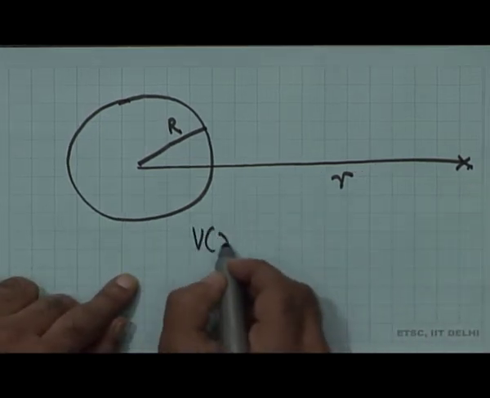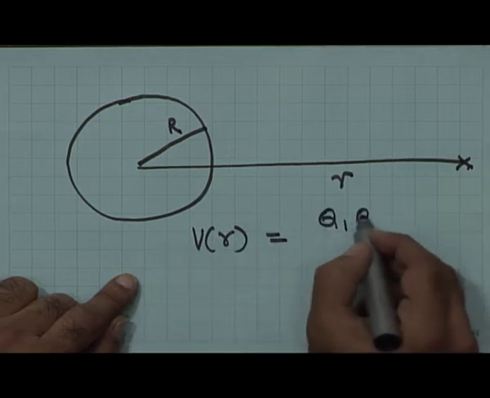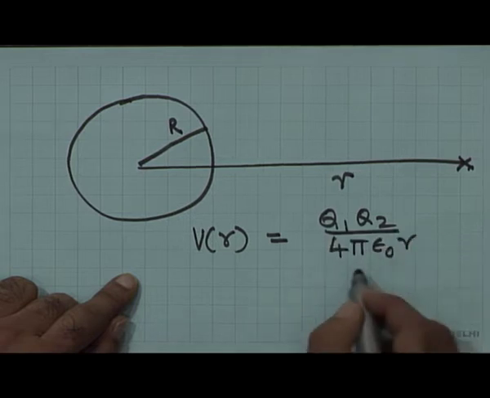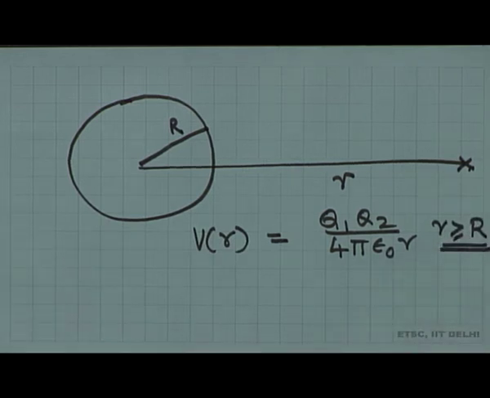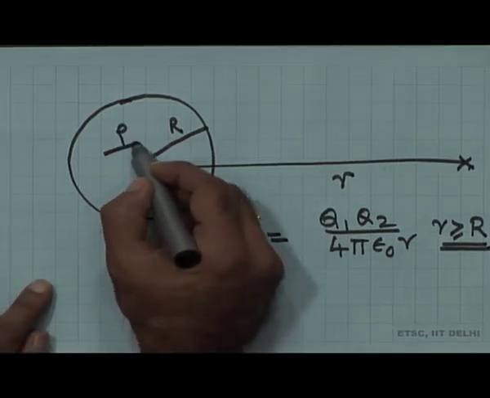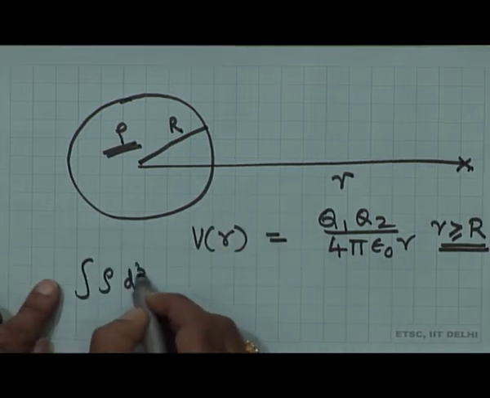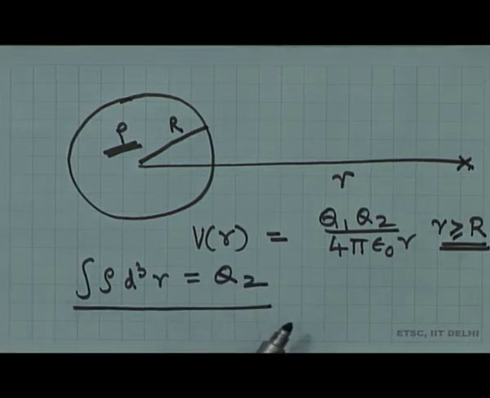So V of r, we are interested in the potential energy, is equal to Q1 Q2 over 4 pi epsilon naught r if r is greater than or equal to R. Now, once you come inside, there is a uniform charge density rho such that the integral of rho d cubed r is equal to Q2, in the units of electron charge, except that it is of the opposite sign.